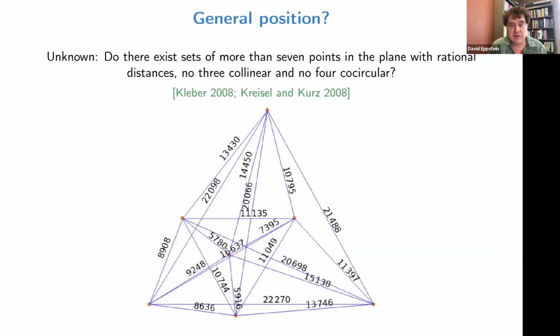Here's one of them from these references, where all of the distances are integers or rational numbers. We do not know if there are more than 7 points in general position with no 3 on a line and no 4 on a circle that have integer or rational distances. 7 is the most we know. So it's a hard problem. It's an open problem. It's not a problem that I'm going to address, but it's related and it's important.